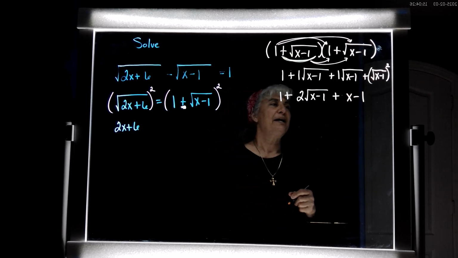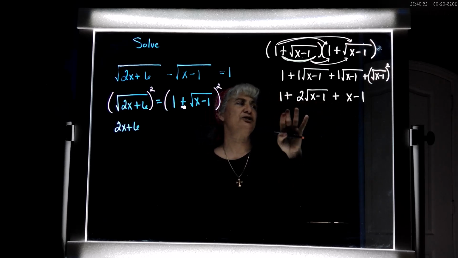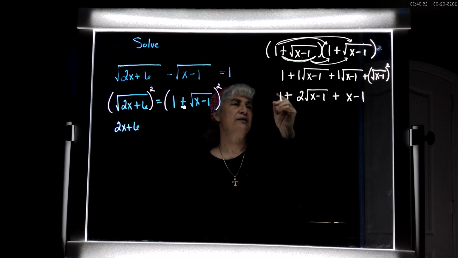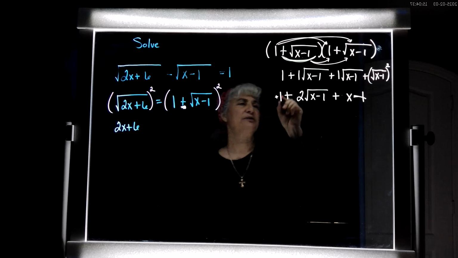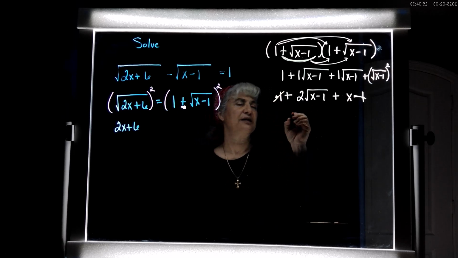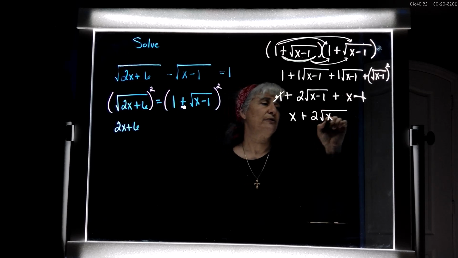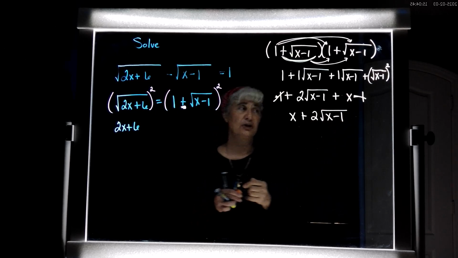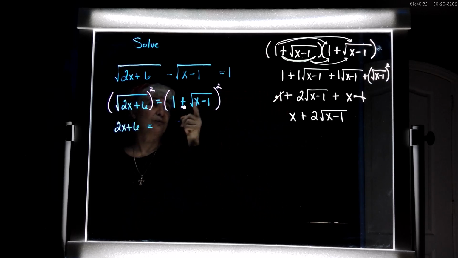Okay. Now, I notice I have a few things going on, but at least I have some like terms. I have this 1 that has a plus sign in front of it, and this negative 1, or minus 1. Those guys are going to drop out, aren't they? That's going to leave me x plus 2 times the square root of x minus 1. Agreed? Okay, so now I know what the right side of this equation is looking like.